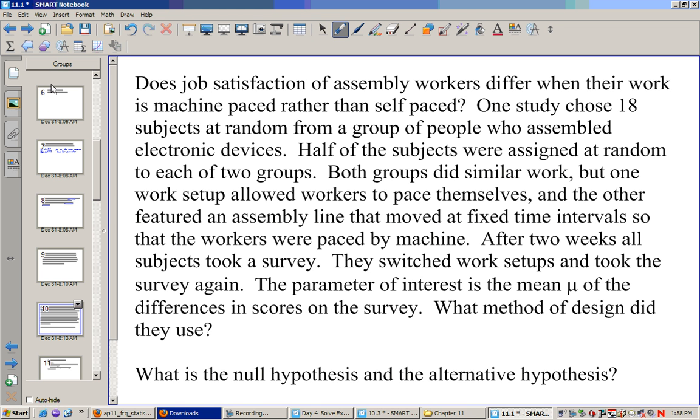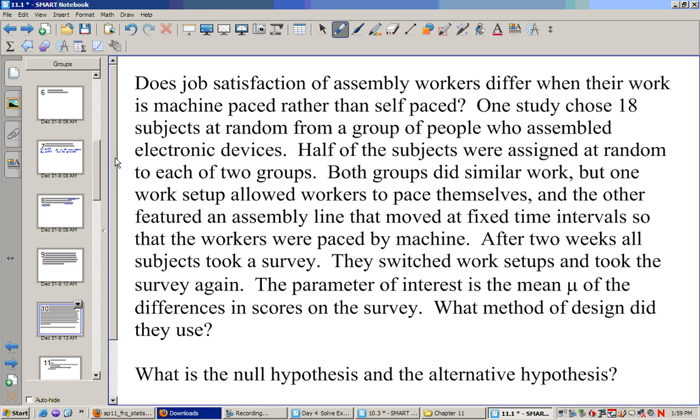Now, this is another example. Does job satisfaction of assembly workers differ when their work is machine-paced rather than self-paced? One study chose 18 subjects at random from a group of people who assembled electronic devices. Half the subjects were assigned at random to each of the two groups. Both groups assembled work. One group setup allowed workers to pace themselves, and the other featured an assembly line that moved at fixed time intervals, so the workers were paced by machine.